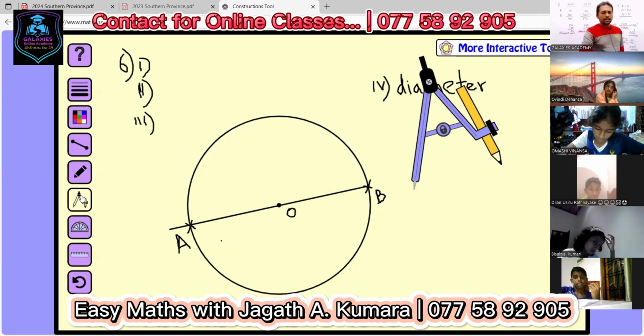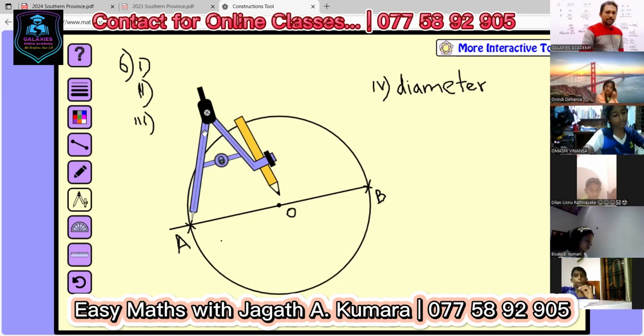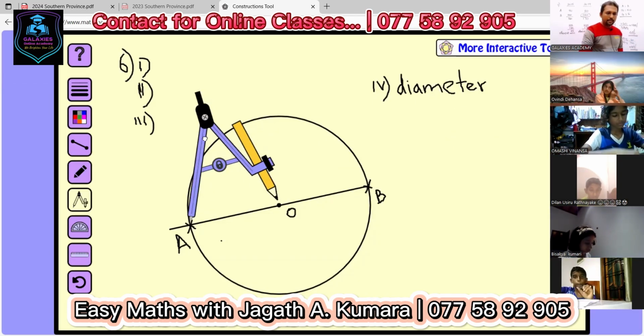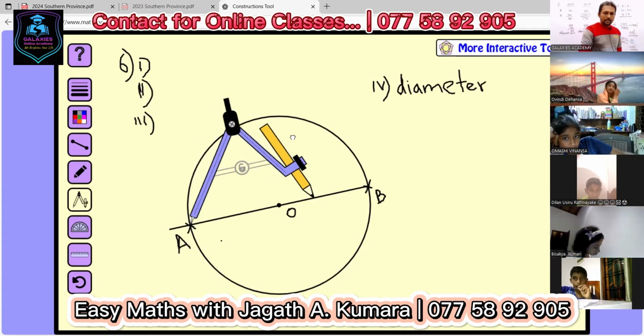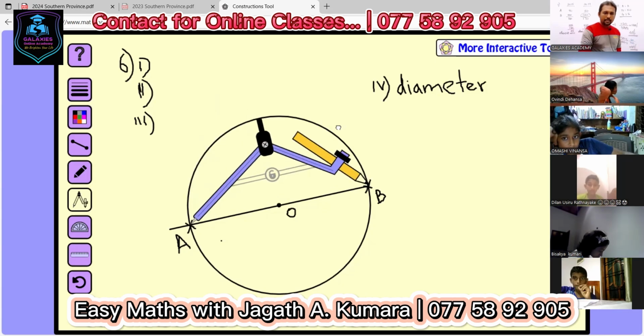Right. So how you can construct the equilateral triangle? You have to take your pair of compass. Then you have to take the distance between the middle point and pencil point. The distance of AB. Right. Like this. Distance of AB you have to take to your pair of compass.